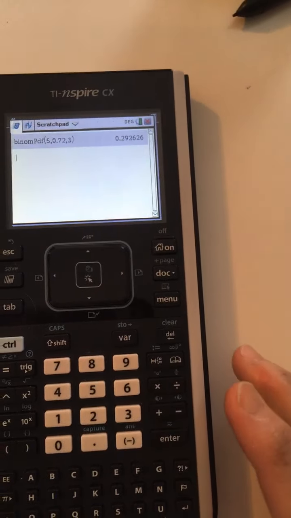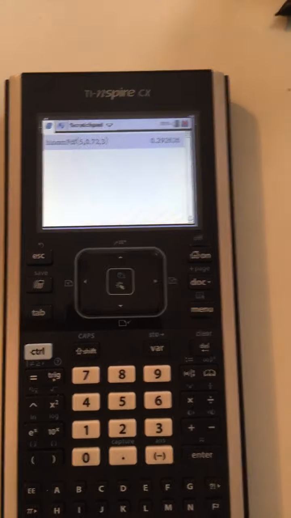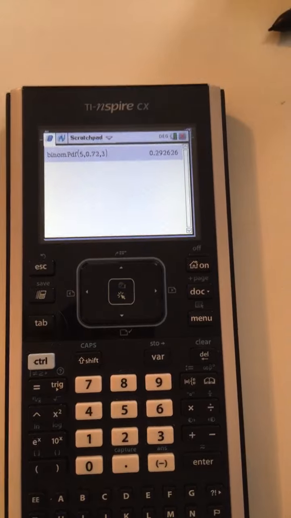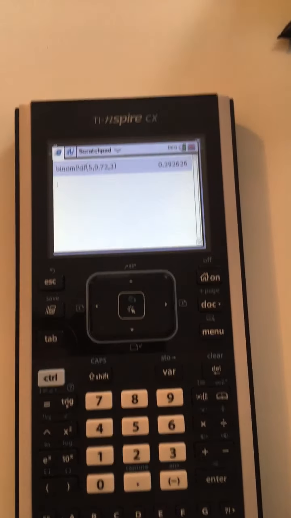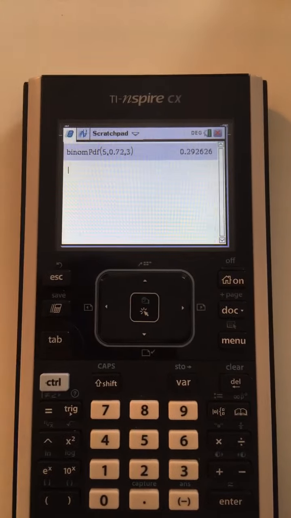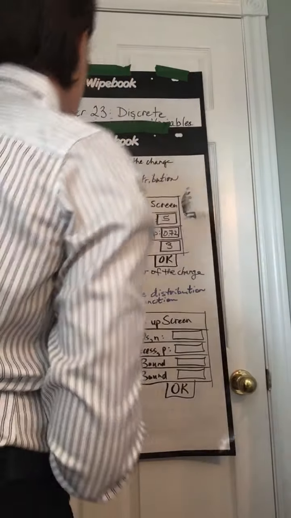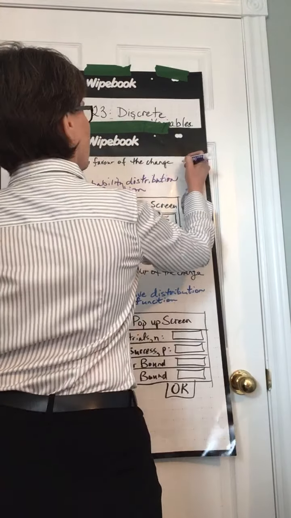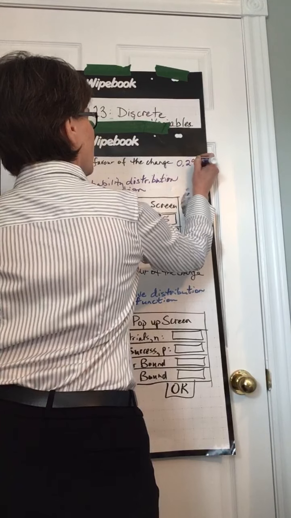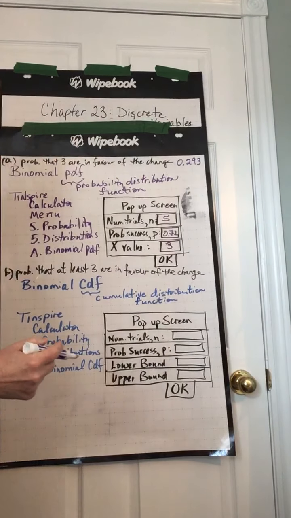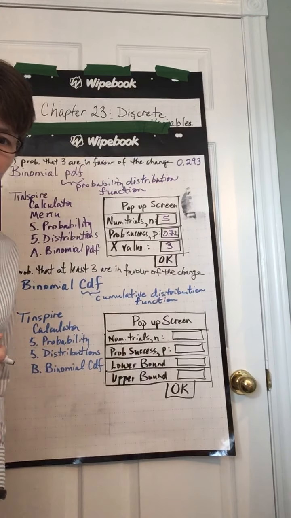Then we press OK, and there is our answer, 0.292626. So rounded to 3 significant digits, 0.293. Okay, 0.293 is our answer here. 0.293. That's the probability that 3 of the 5 are in favor of the change.